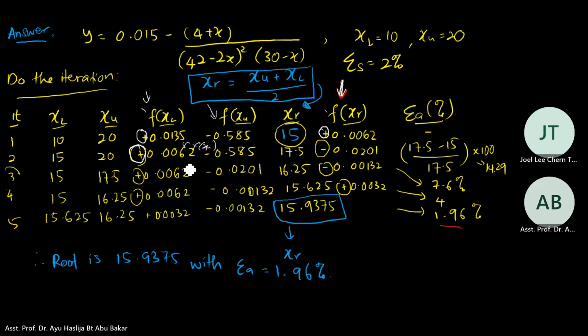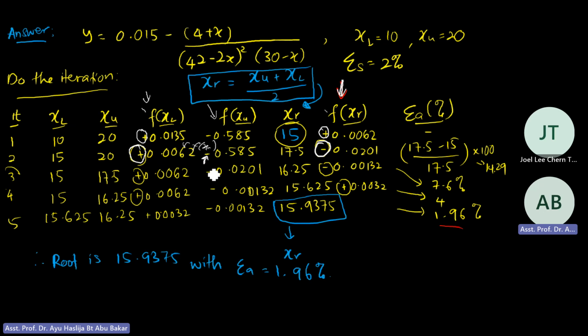Get the point? Positive replaces the positive value for the second iteration. If it is negative, you see for the second iteration, the new FXR is negative, then it replaces the negative value, which is FXU.